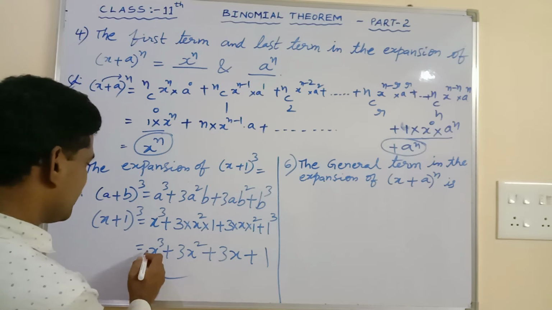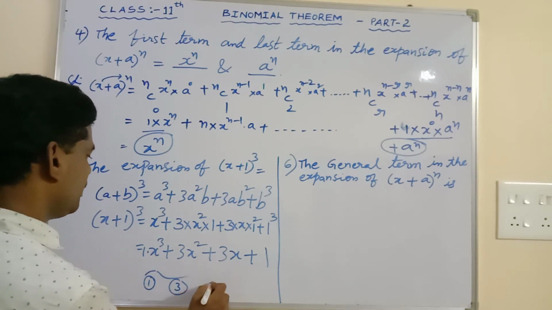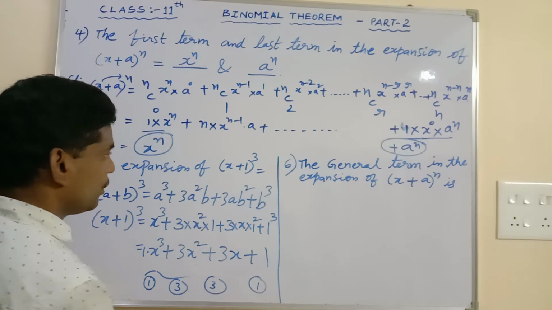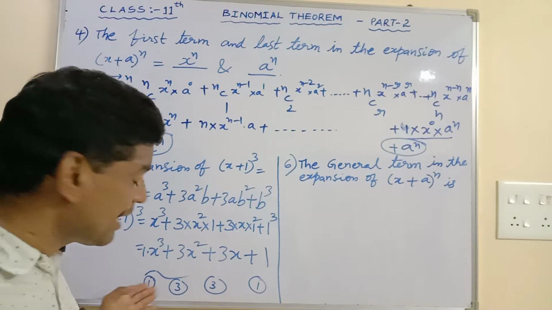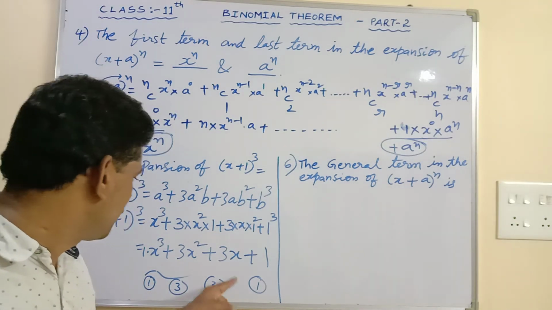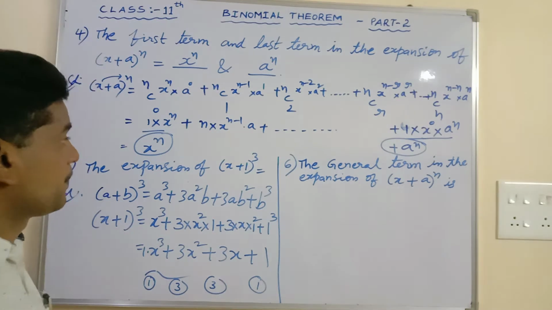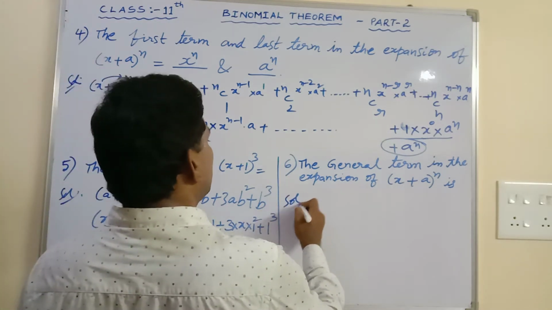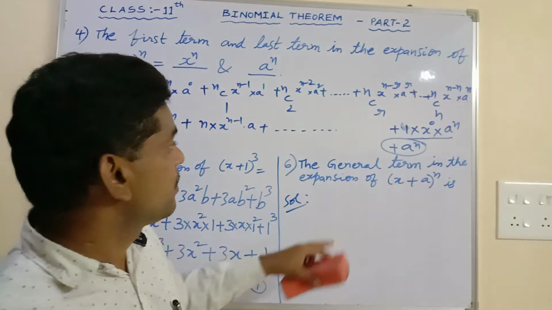So we know that here the coefficients are 1, 3, 3, 1. So without expanding, by using Pascal's triangle we can find the coefficients of the expansion of (x plus 1) whole cube, you know that. So what is the general term in the expansion of (x plus a) whole power n?